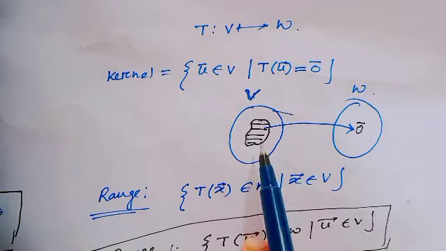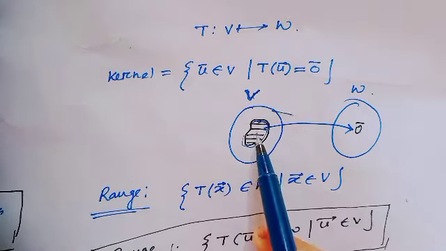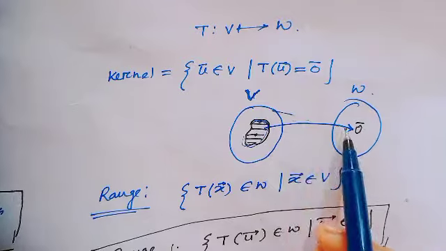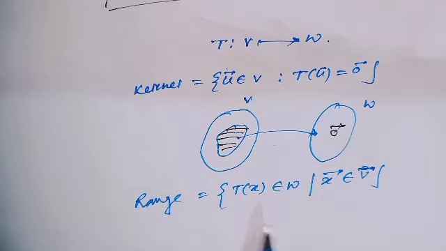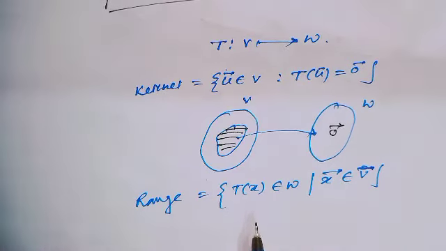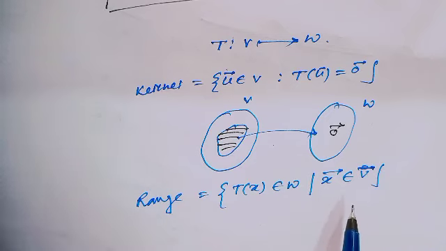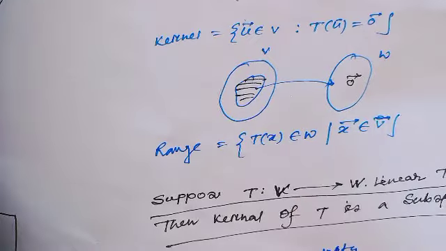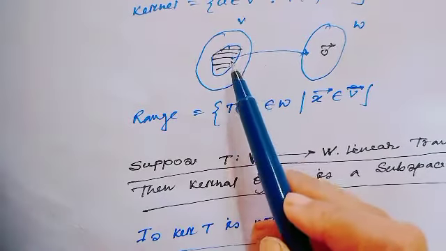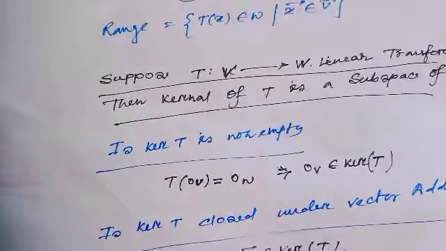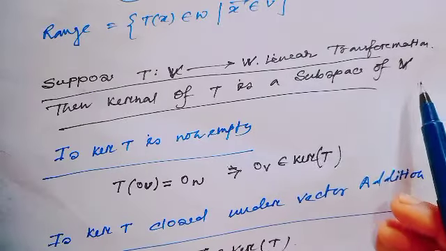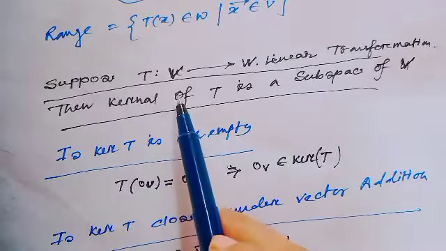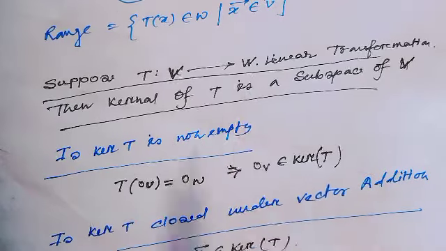That means the kernel is the set of those elements in V that map to the zero vector, and the range is the set of those elements Tx which are members of W. That means the image of this transformation is called the range, where x is a member of V, and since the kernel is a subset of V, it is actually a subspace of the vector space V, where T is a linear transformation from V to W.